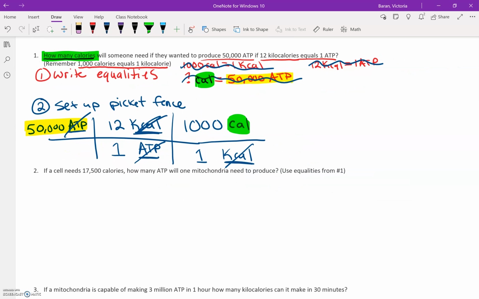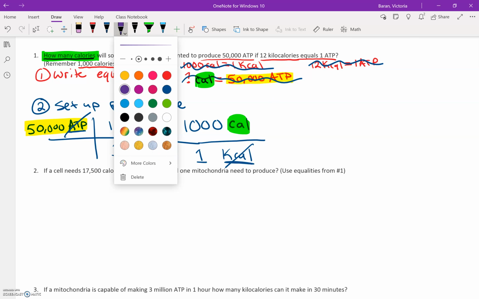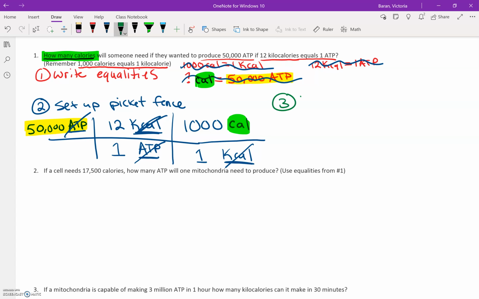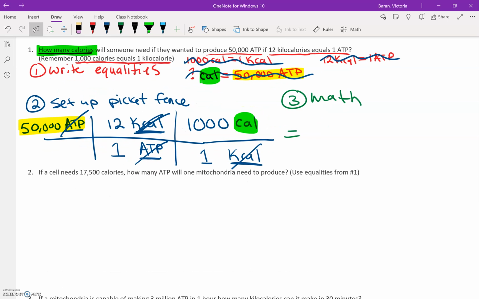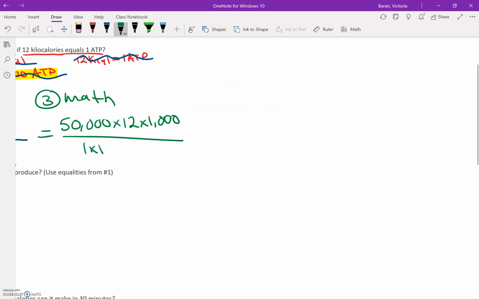So now we just have to do the math. So we'll pick a different color here. Let's go with green. So number 3 is the math. All right, so we're going to multiply everything in the top and then divide it by everything multiplied together in the bottom. And I know in the bottom it is just 1, but I just want to show you to make sure you're doing your order of operations correctly. So we would do 50,000 times 12 times 1,000 divided by 1 times 1.